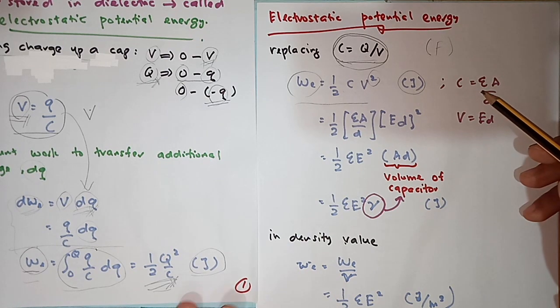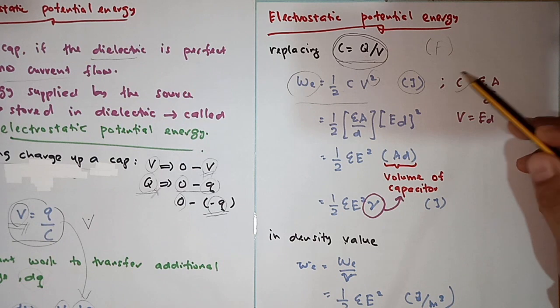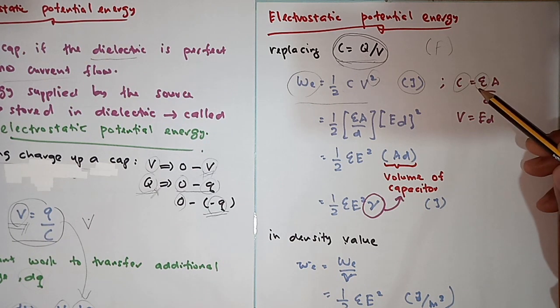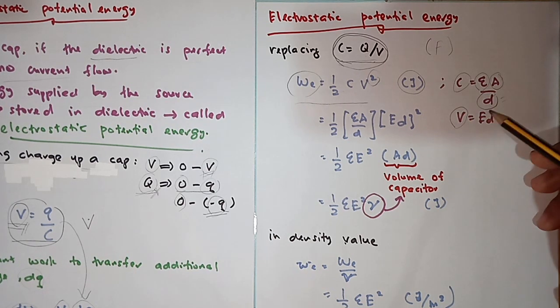At the same time, as we have seen before, C is equal to the permittivity of the dielectric multiplied by the area of the conductor divided by the thickness of the dielectric material, and the potential difference V is equal to E, the magnitude of the electric field, multiplied by D. D is the same as the previous D, which is the thickness of the dielectric.